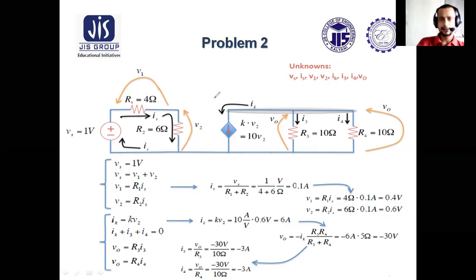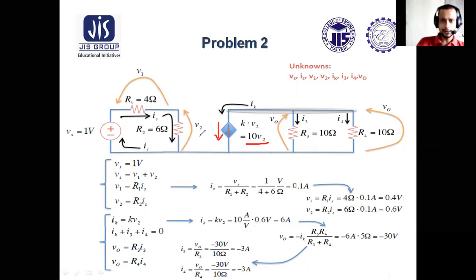Next, find IK. What is IK? This is IK. See here, IK is flowing in this direction. Again, there is a current source given which is equal to KV2, where K is mentioned to be 10. So this dependent current source has a value of 10 V2.